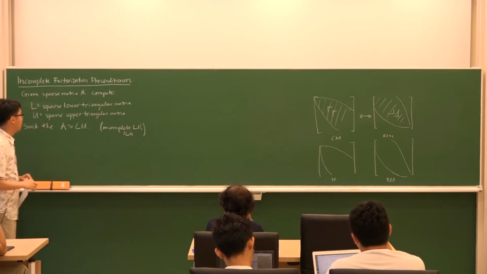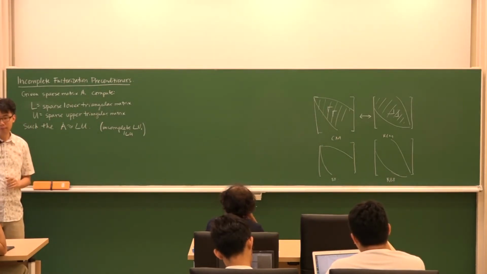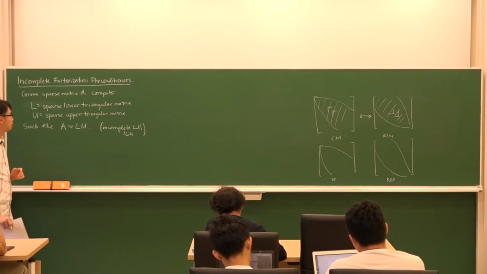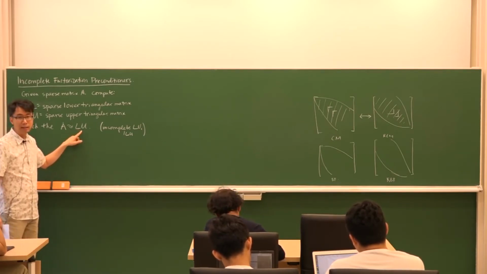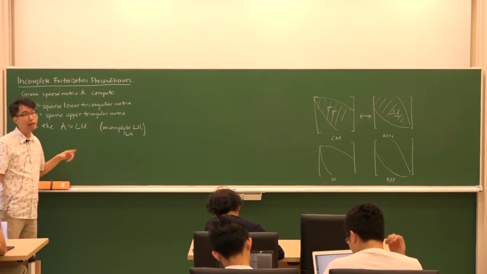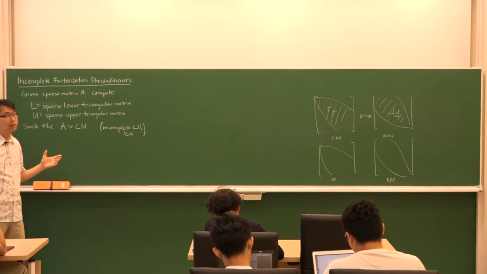And the reason why you might want to do this is for a very, very large problem, let's say a very large 3D discretization of some problem, right? You know that the fill-in in the exact LU factorization can be very large. So the fill-in and the computational complexity can be really large.